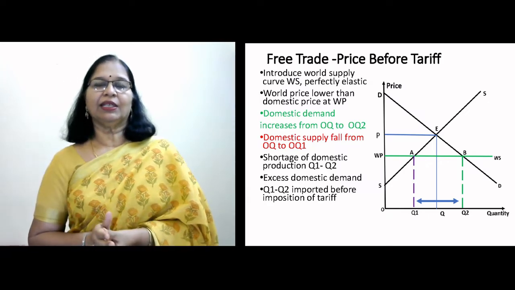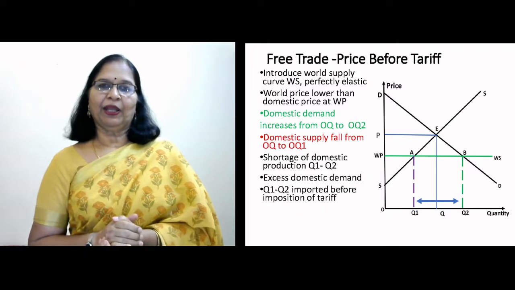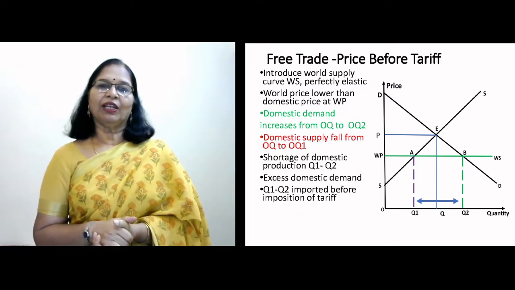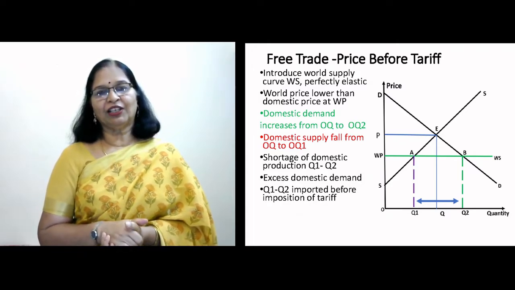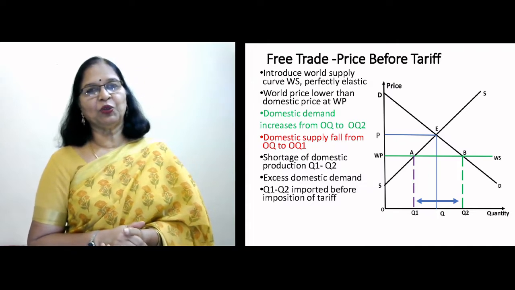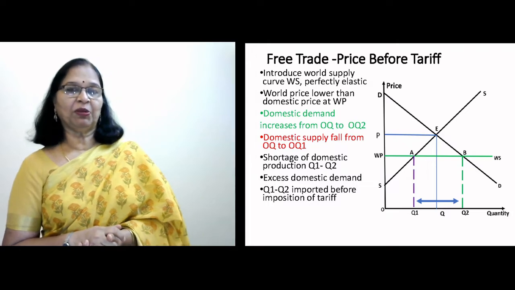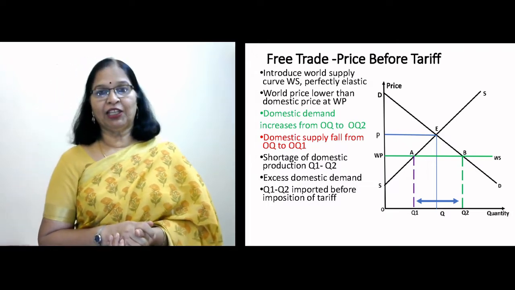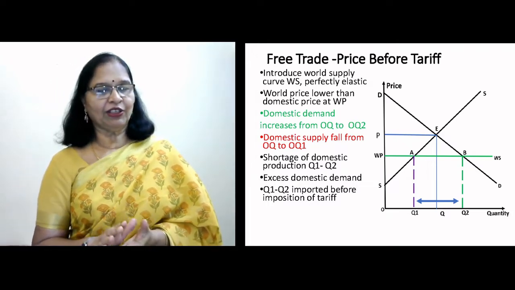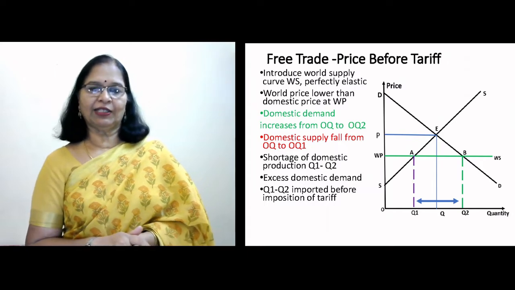Now the second stage is, let's introduce trade. When we introduce trade, it means that the foreign country can supply its good into the country at a far more competitive price than what is available in the domestic economy. There is free trade, there is no tariff as yet.